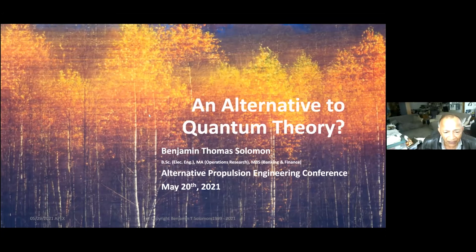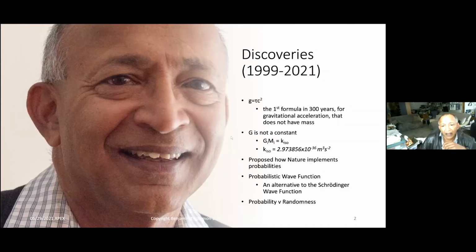Okay, let's go. For the last 10, 15 years, I've been working not just on gravity modification, but on how it relates back to other physical properties. I think many of you have seen this before. I discovered the first formula for gravitational acceleration that does not have mass in it.